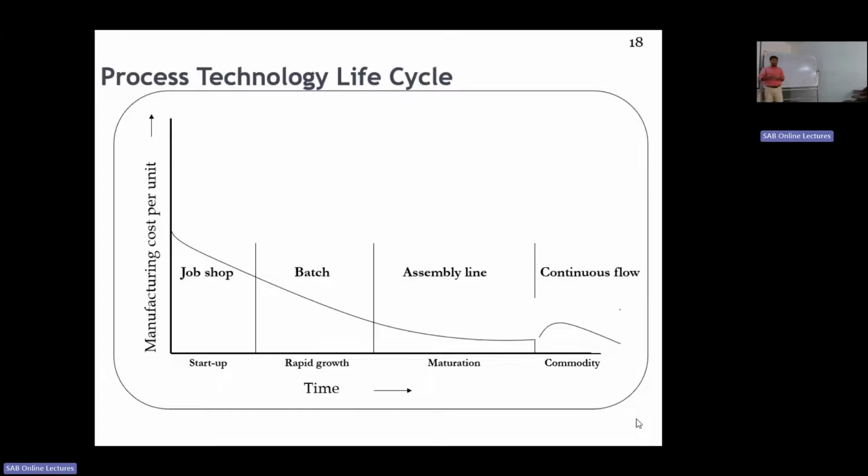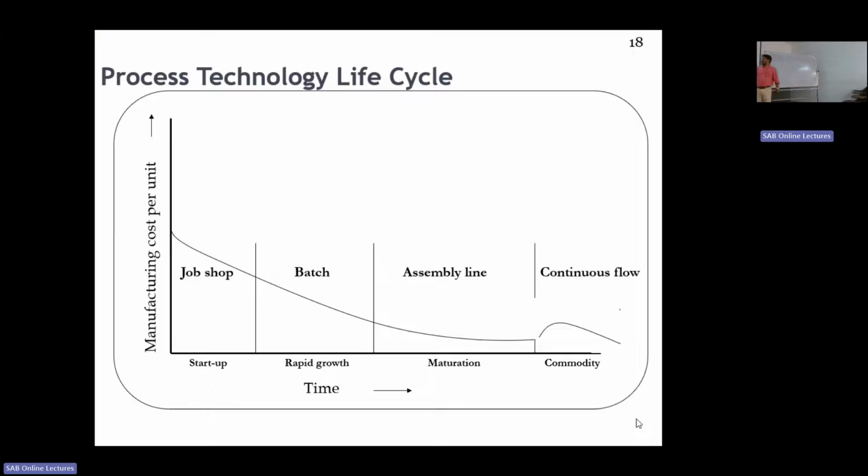That says for any new product, any new concepts when introduced first, the demand for that would be relatively low and then slowly growing. And customers would expect a variety of items at the beginning. And the demand is low.